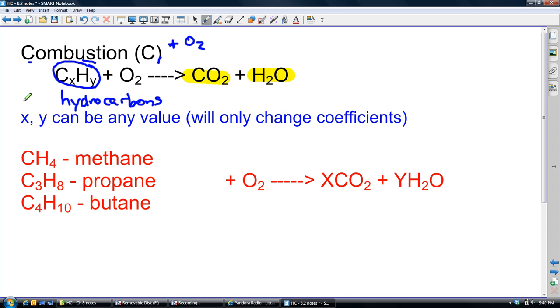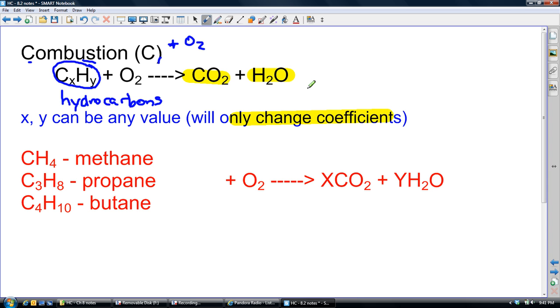Now here's the thing, the formula for these hydrocarbons can have certain combinations of X and Y, and we'll see some examples in a little bit. Whether this X is a 2 and the Y is a 4, whatever these numbers are, it does not change what the reaction does. The only thing it will change will be the coefficients.